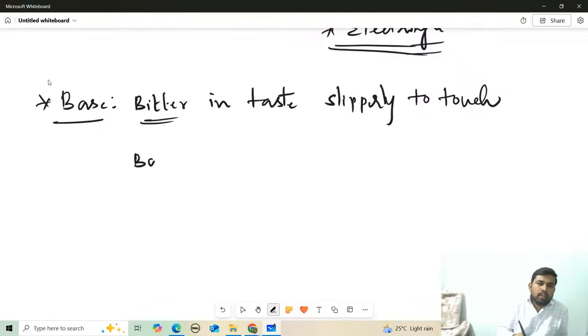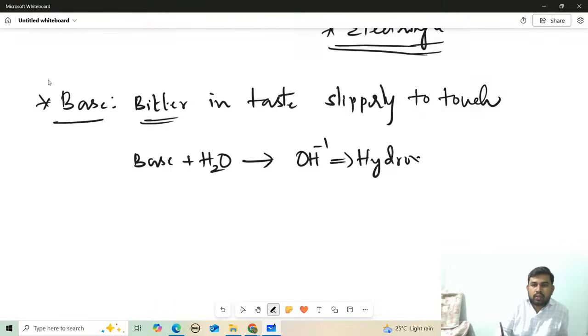Similarly, when a base is added to water, it produces OH minus, called hydroxide ions, or we can say hydroxyl ions also.